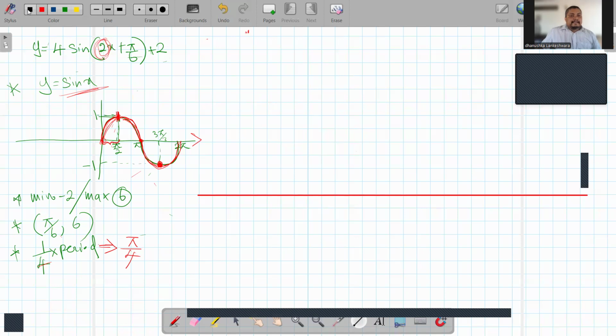This is the x-axis and this is the y-axis.